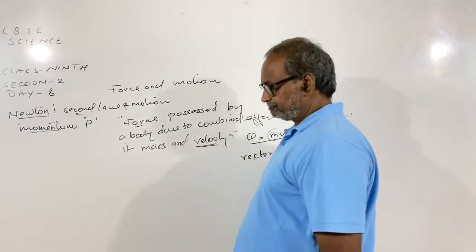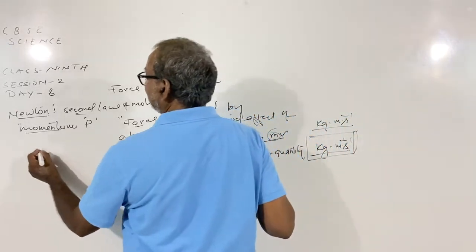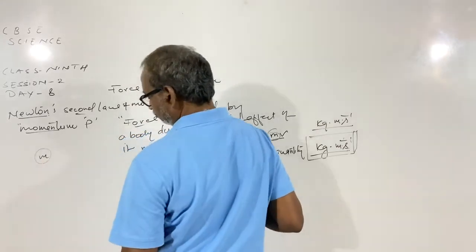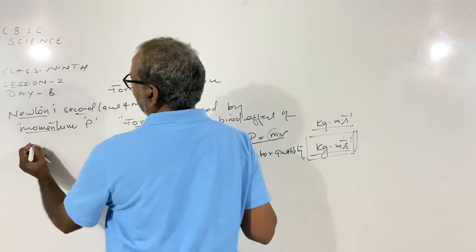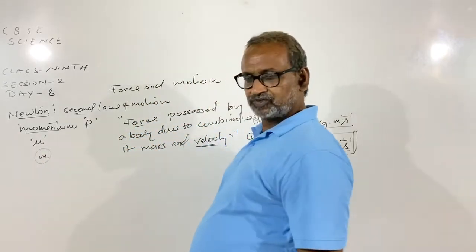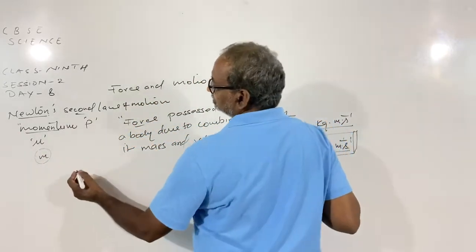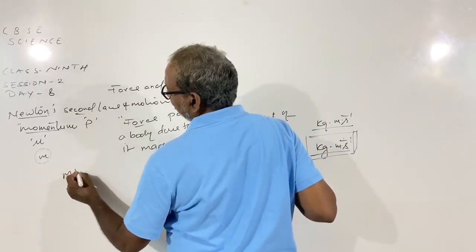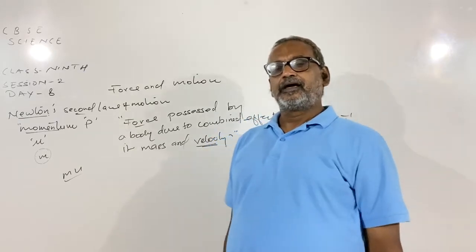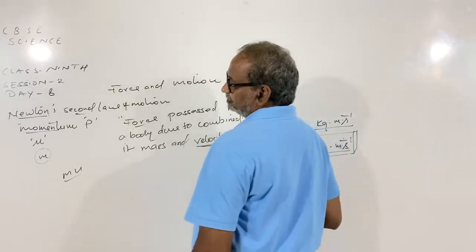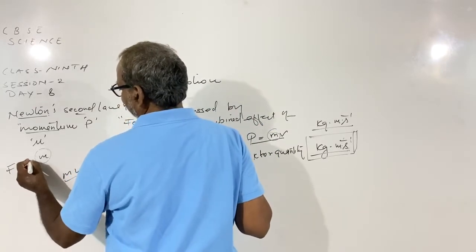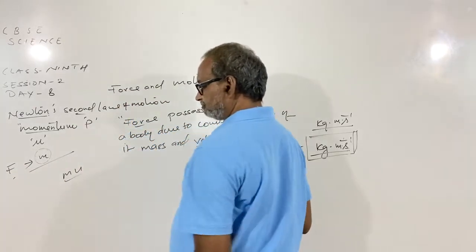Now consider that a body of mass m is moving with an initial velocity u. So its initial momentum is mu. Now consider that a constant force F is applied on it.